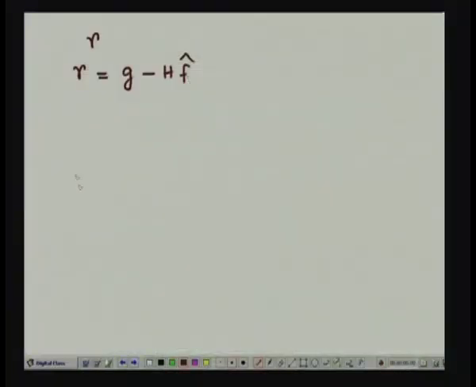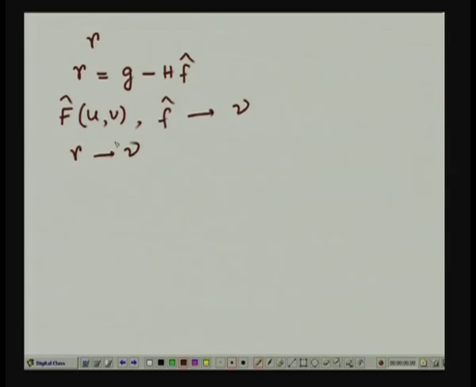Now, we have seen earlier that f hat u v, and so this f hat in the spatial domain, are functions of gamma. So, obviously, R, which is a function of f hat, will also be a function of gamma.